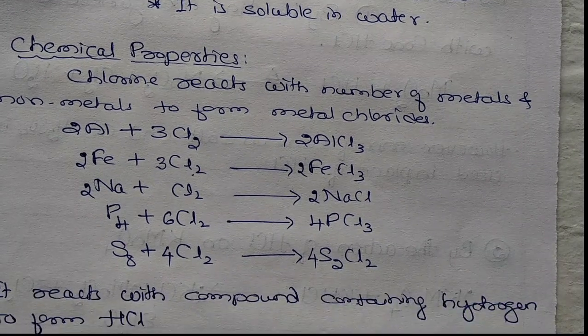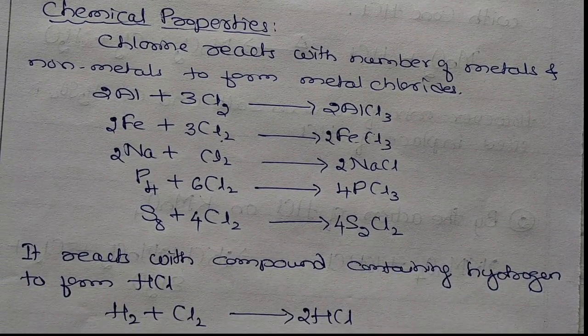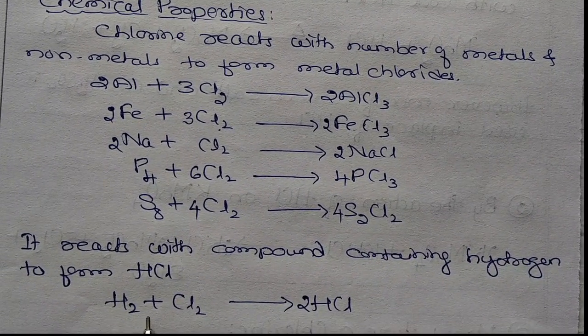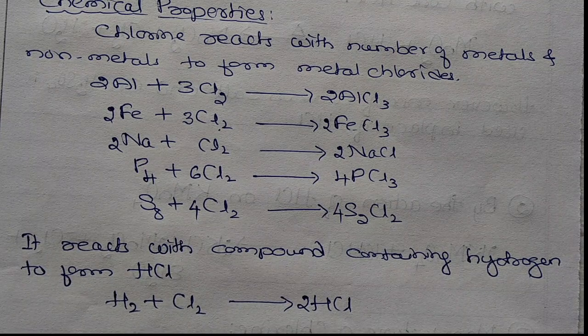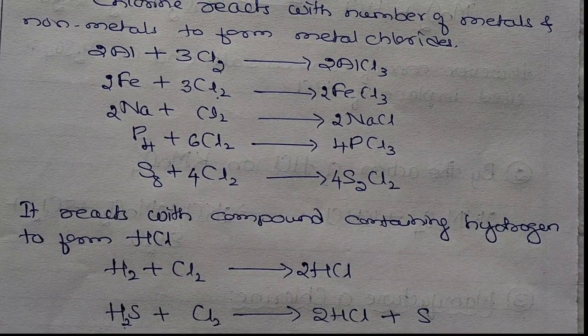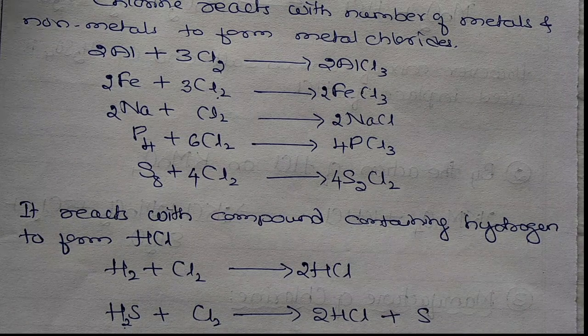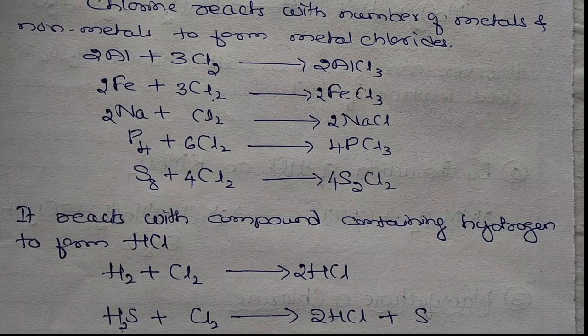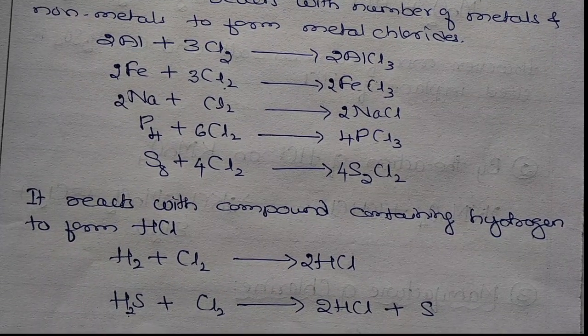So the reactions are: it reacts with hydrogen to give hydrochloric acid, and H2S is a compound of hydrogen. It gives HCl and sulfur is obtained. So this is how it reacts with hydrogen and hydrogen compounds.